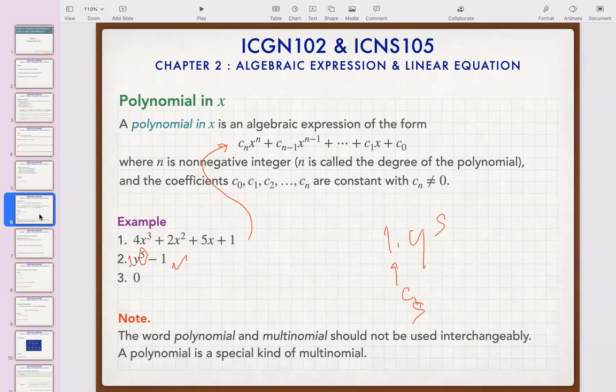While the last example, 0. Is 0 a polynomial in x?